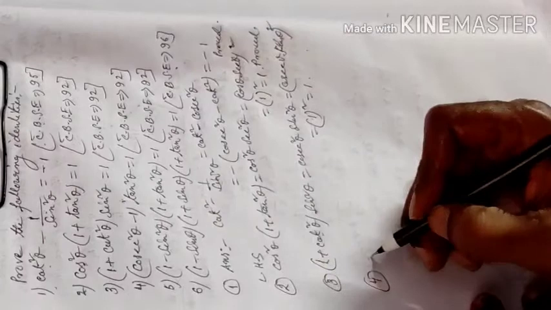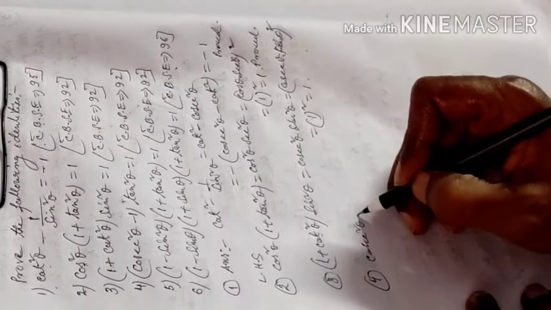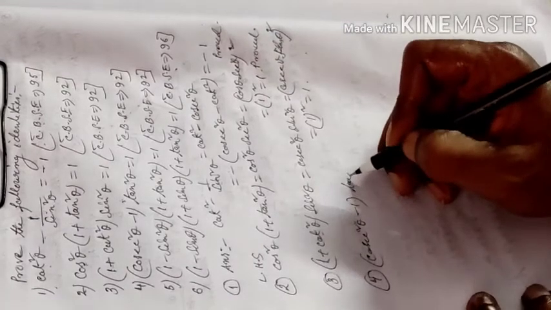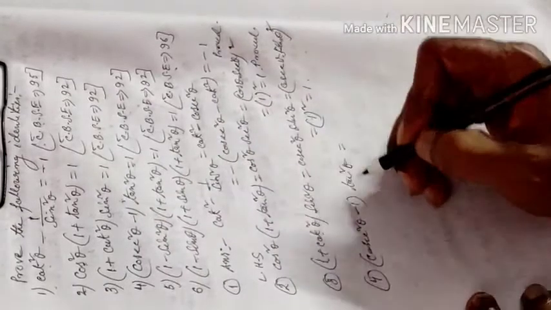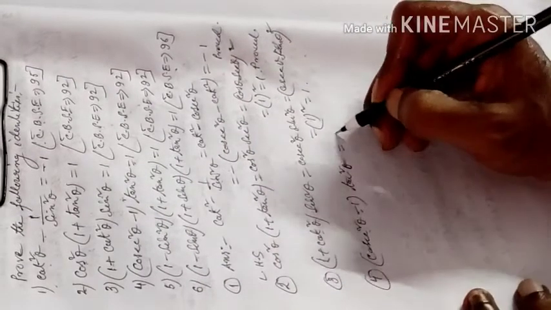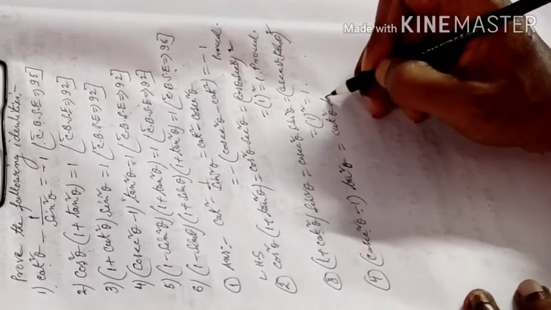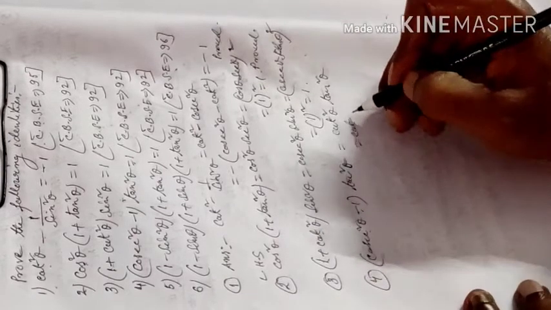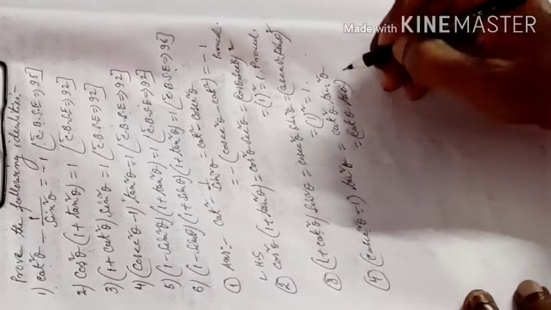Question number 4: sec square theta cosec square theta minus 1 into tan square theta, you have to prove is equal to 1. So cosec square theta minus 1 is equal to cot square theta into tan square theta, or cot theta into tan theta whole square.